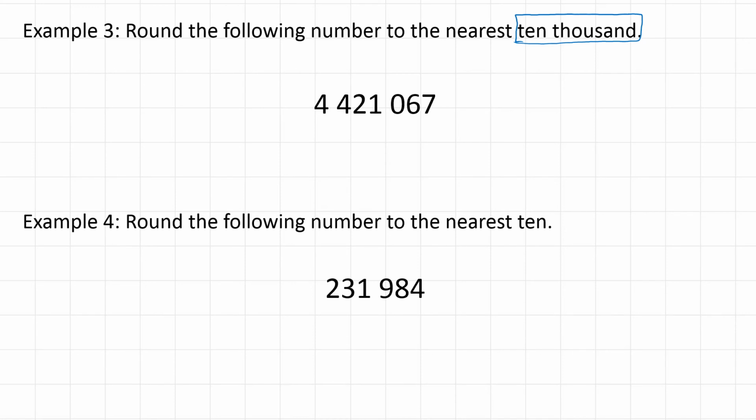Next, I'm going to underline the 10,000s place, which happens to be this lovely 2. The next step is we're going to look at the place value to the right, which is the thousands place. And I notice that it's less than 5, which means that I don't round up. So my final answer here is going to be 4,420,000. And there we have it. We have rounded this big number to the nearest 10,000.